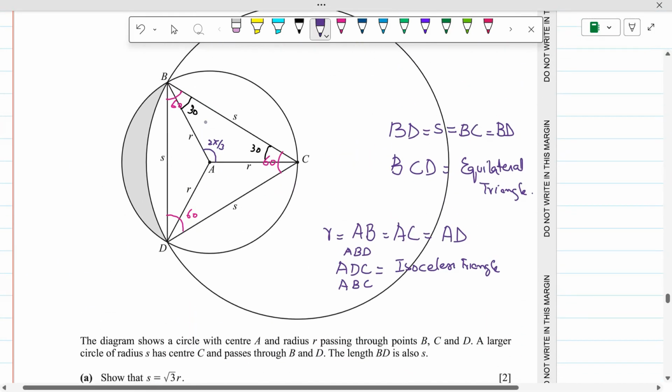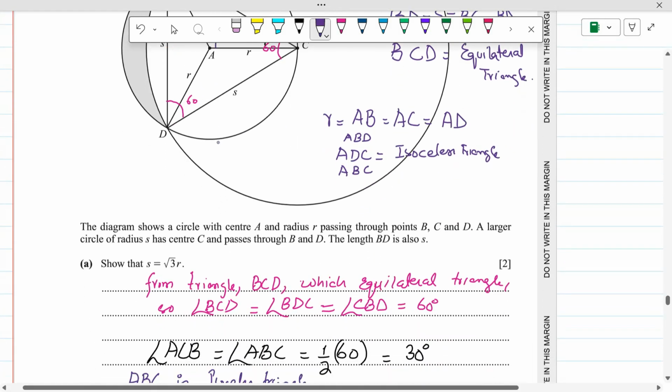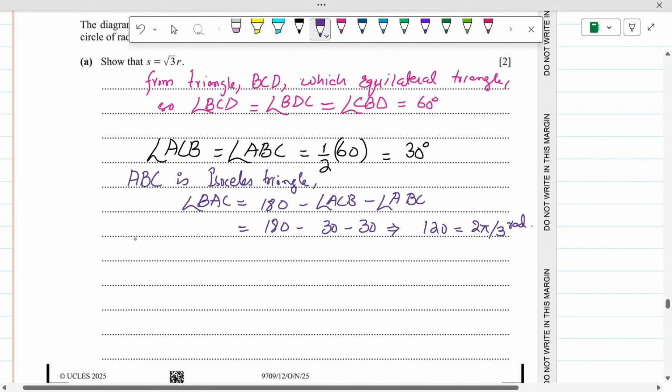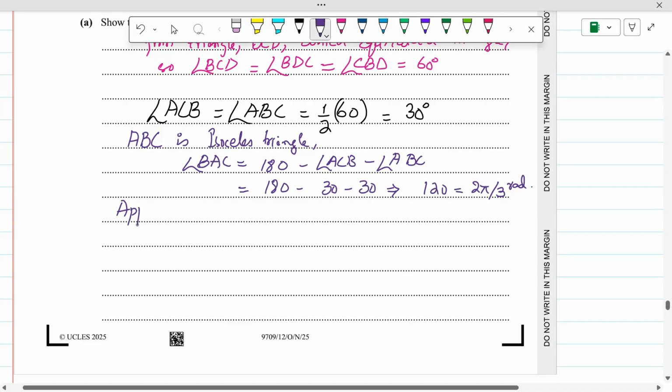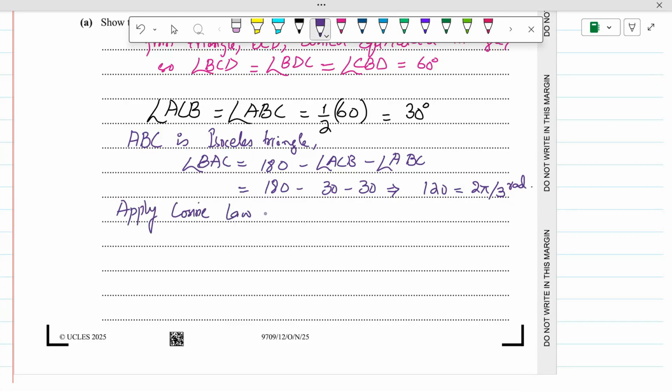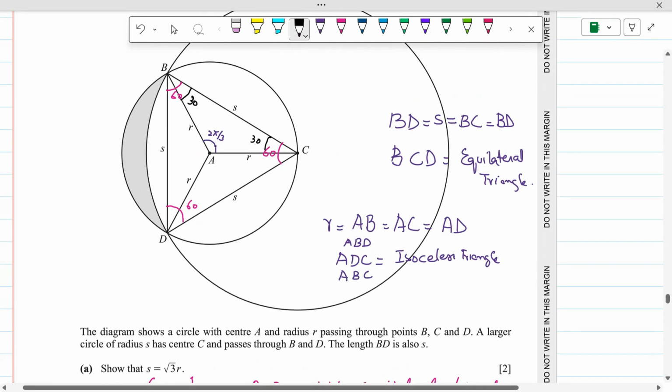Now this is the triangle ABC, and we have the angle information. We need to find the relationship between S and R, so we can apply the cosine law to the triangle ABC, and this is the angle.